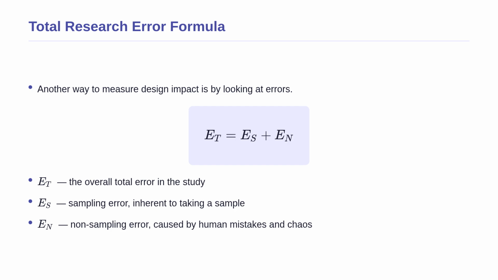However, non-sampling error represents human mistakes, poor data collection, and general chaos. A strong research design specifically targets and reduces this non-sampling error. When non-sampling error decreases, the total error of the entire study decreases, bringing your results much closer to the absolute truth.